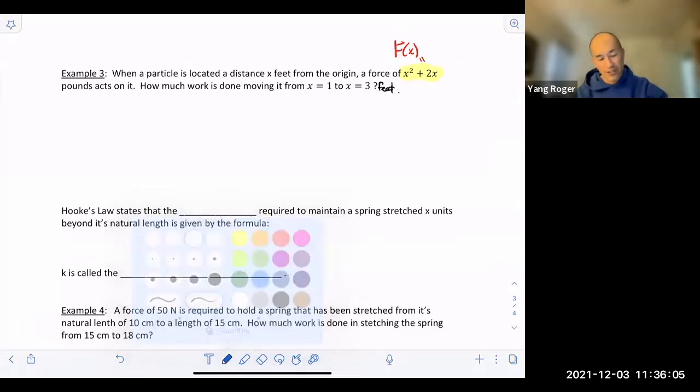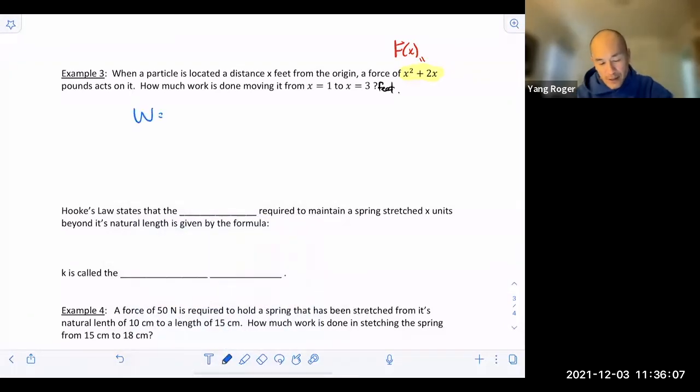So we just set it up, right? Work is equal to an integral of your force function, and you're going to do that with respect to x from a to b. I wanted to make sure I showed this dependent on x, so let me put an f of x like this.